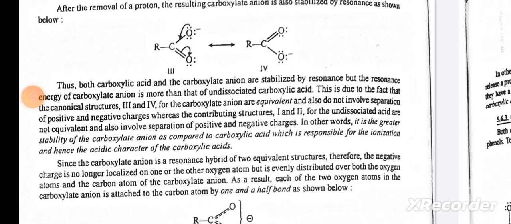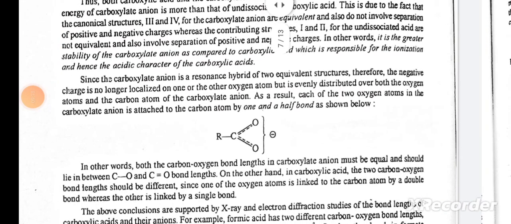In other words, it is the greater stability of the carboxylate anion as compared to the carboxylic acid which is responsible for the ionization and hence the acidic character of the carboxylic acids.